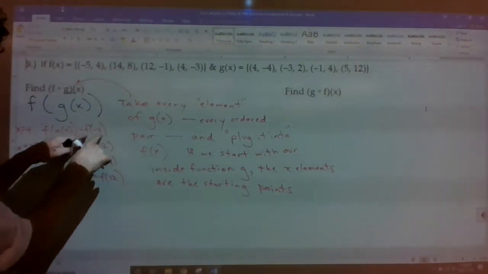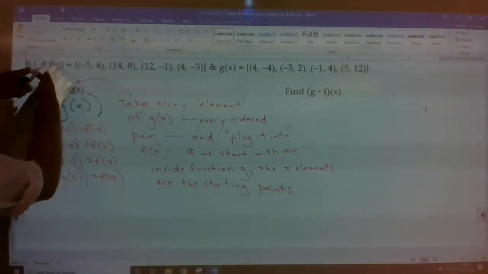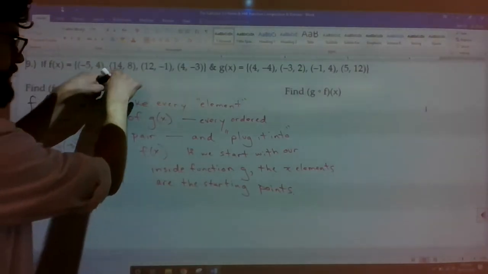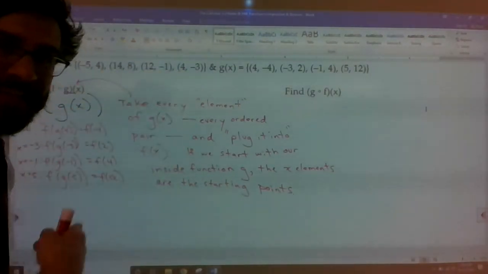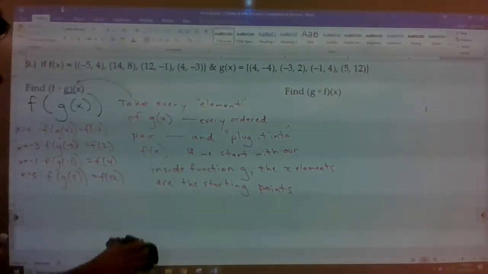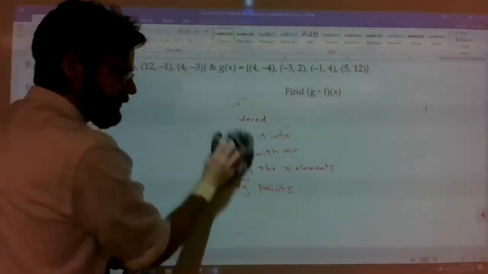So then, f of -4. Now we go to our f function. We're inputting -4. Whatever its output is the new y element. And I'm going to have to get rid of this, guys. Sorry, I just don't have the room.